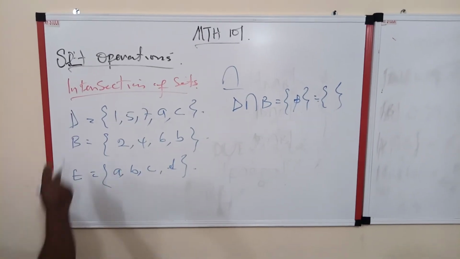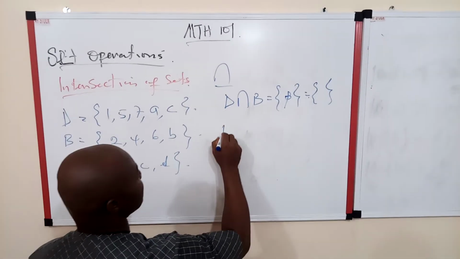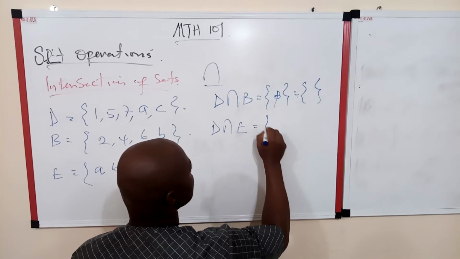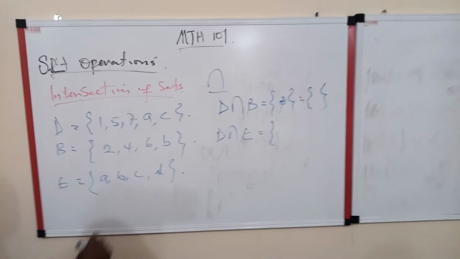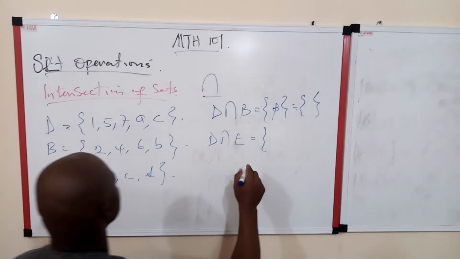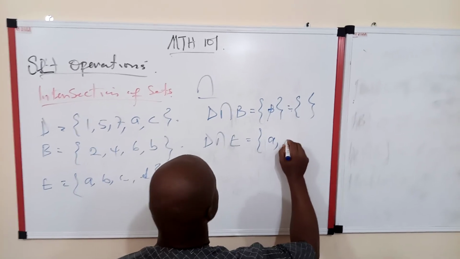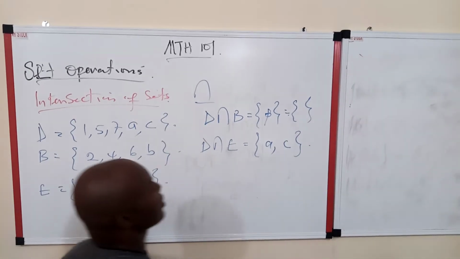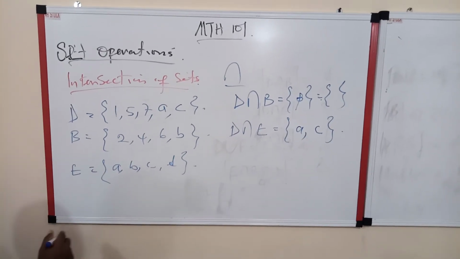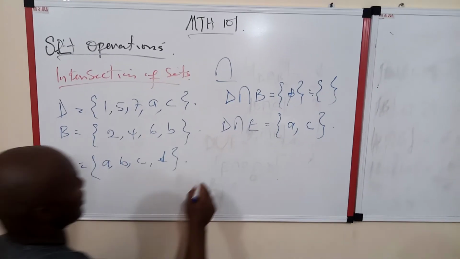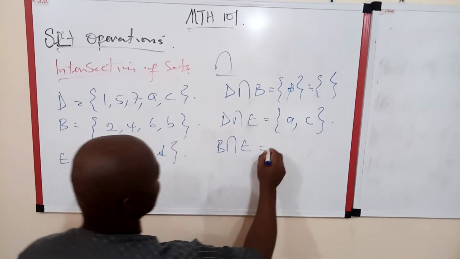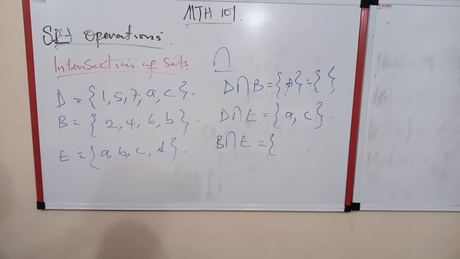Now let's consider D intersection E. Do they have anything in common? Yes, they have A here, they have B here. So it's a new set containing A and B. That was why in terms of the cardinality we said it's 2. Lastly, we can also determine B intersection E. Do they have anything in common?